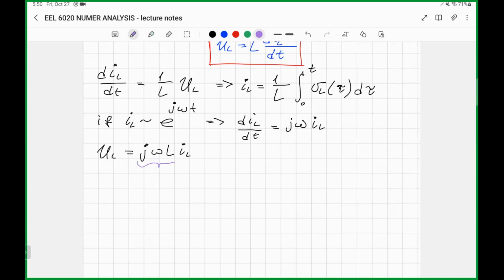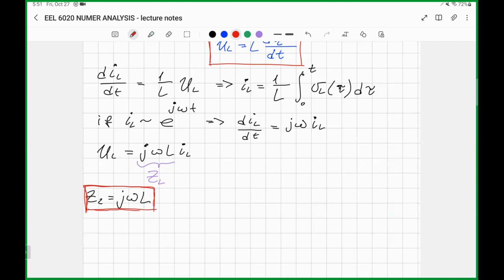If we denote this coefficient, or prefactor, as some resistance, or in this case purely imaginary, so it's impedance, right? So let's denote it by impedance Z_L. Okay, so Z_L is J omega L. It's another pretty useful formula.